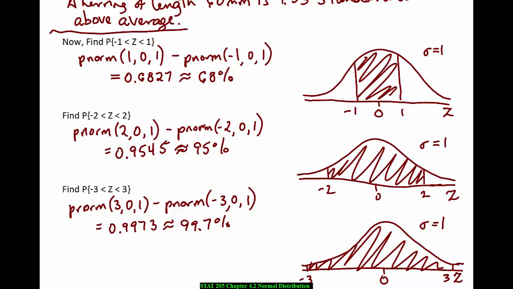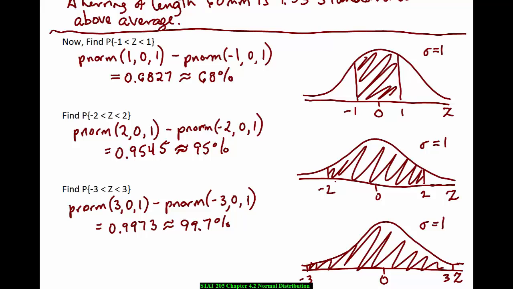Well, if you'll notice, we found that the area within one standard deviation of the mean is approximately 68%. The probability of being within 2 standard deviations is 95%, and the probability of being within 3 is 99.7%. And that is the empirical rule.